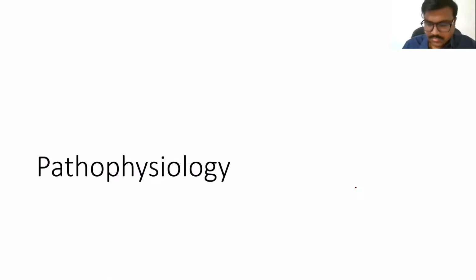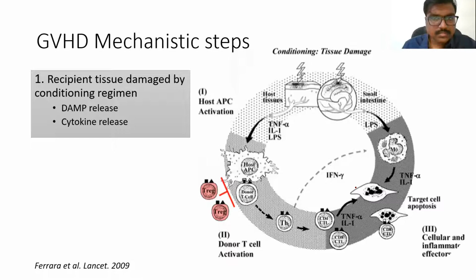So why does GVHD occur? So we know that the conditioning chemotherapy given to the recipient reduces the tumor bulk, and it also immunosuppresses the recipient so that he doesn't mount a response against the stem cells which he is getting, basically to prevent rejection.